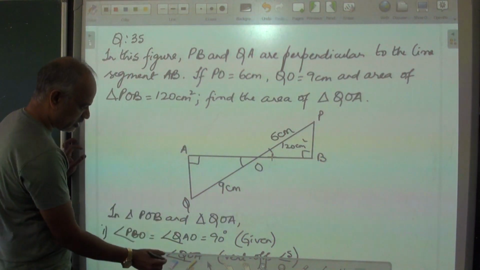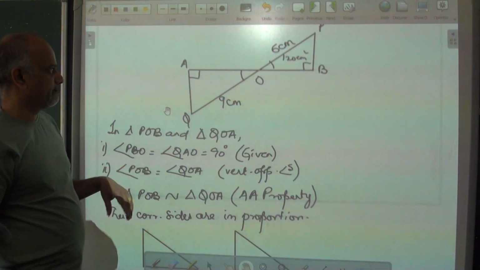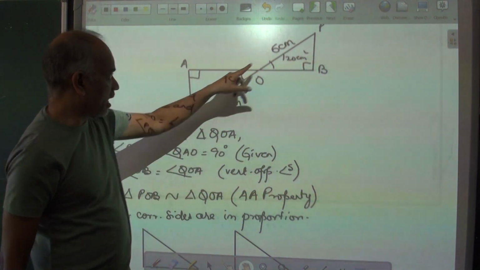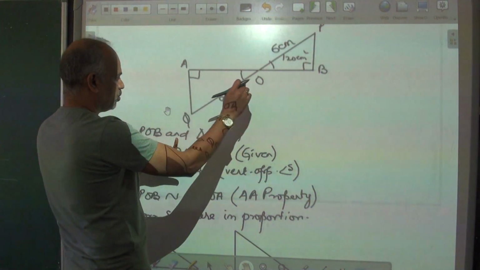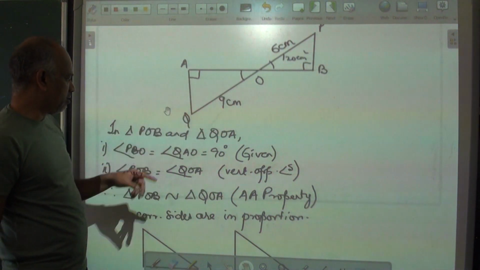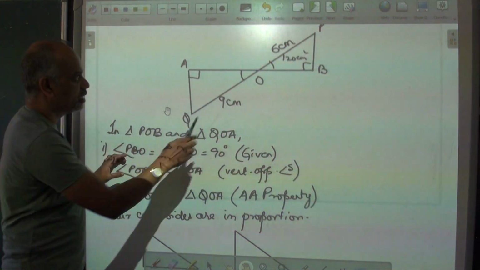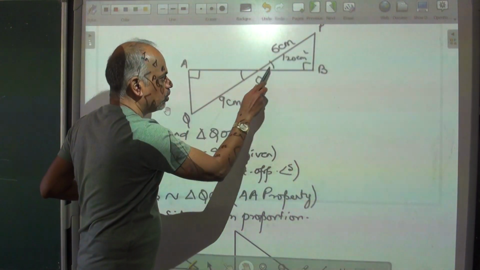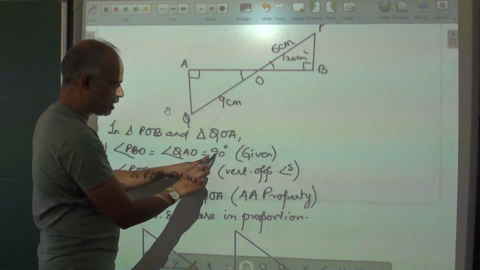So let's write the proof of similarity for these. The two triangles are triangle POB and triangle QOA, this one. First angle which is the same in both are the 90s in both. That is angle PBO, that's 90, and QAO, both are 90 degrees.